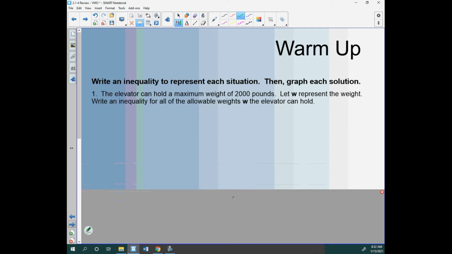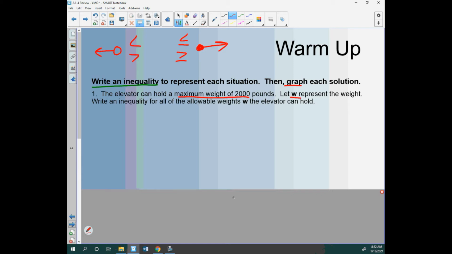But first off, this says write an inequality to represent the situations. An inequality is less than or greater than, less than or equal to, greater than or equal to, right? And when we have to graph them, they have certain dots. So the less than or greater than is just an open dot, it's called, and the or equal to is a closed dot, right? So an elevator can hold a maximum weight of 2,000 pounds.